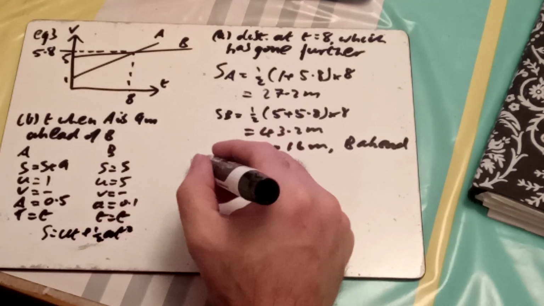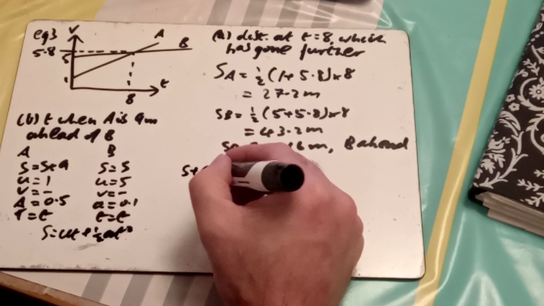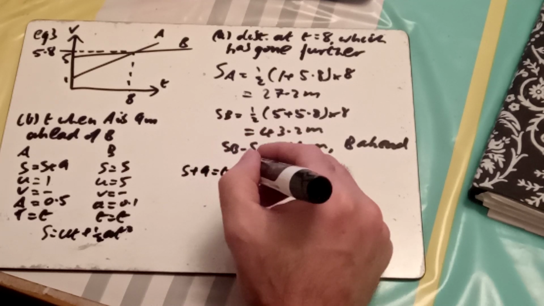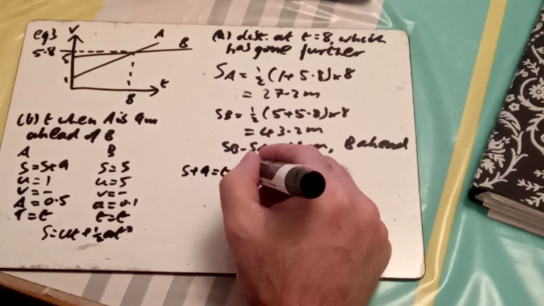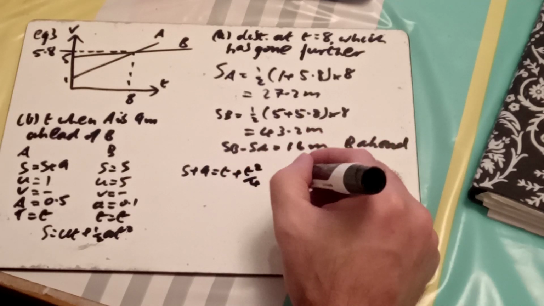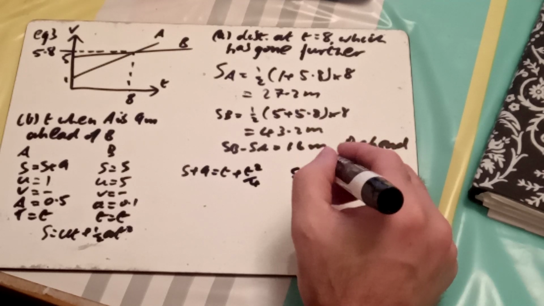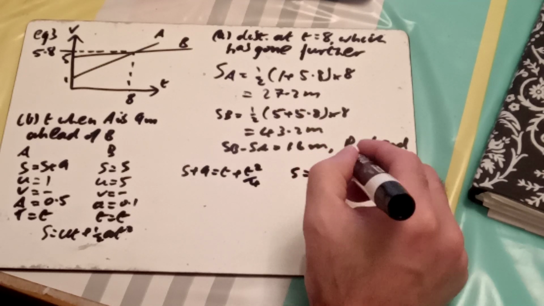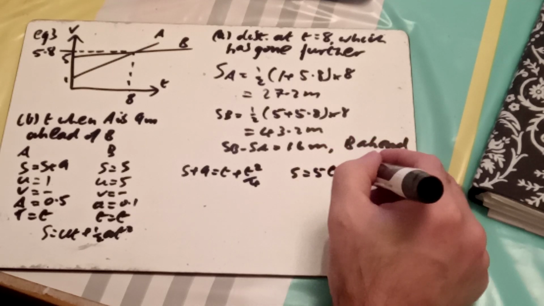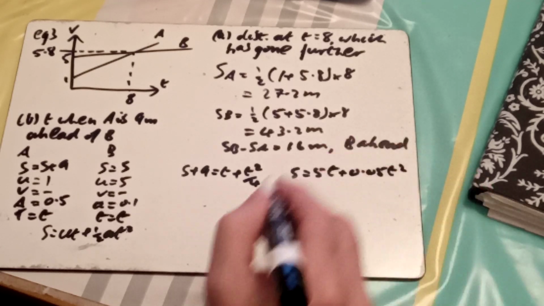And I'm just going to say that for A, S at 9 equals 1T, and then a half times A, which is a quarter T squared. And for this one, S equals UT, which is 5T, and then plus half of that, 0.05 T squared.